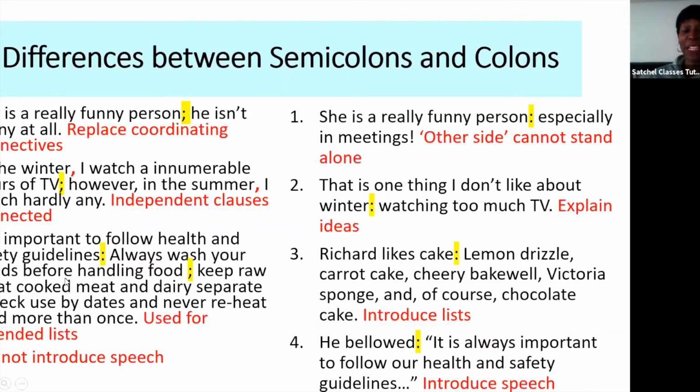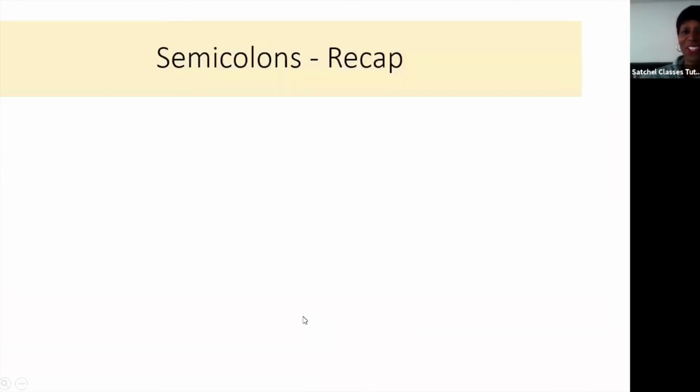We can see in the third example, the semicolon is used for an extended list, whereas although the colon introduces both lists, the list on the right-hand side uses commas to separate the items because they are shorter. And then finally, a semicolon cannot introduce speech, whereas a colon introduces speech.